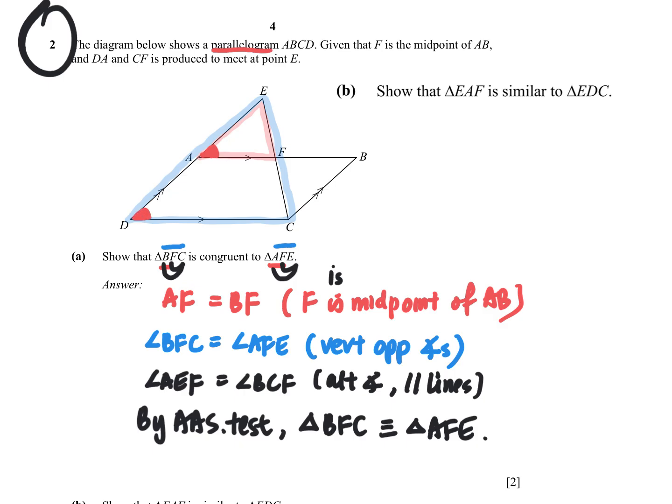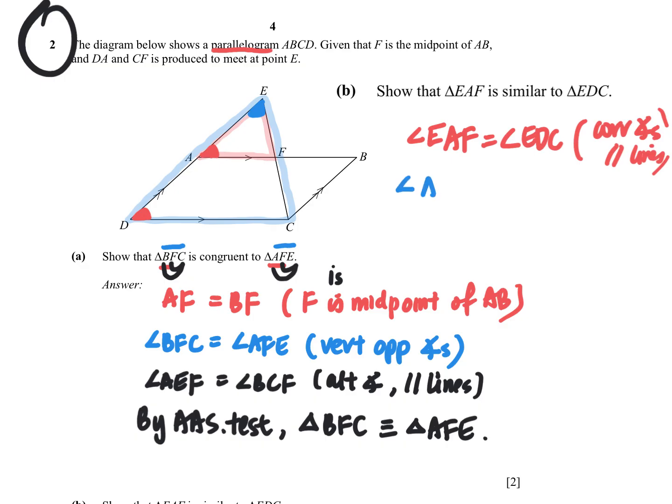So you can write one pair, angle EAF is equal to angle EDC. So this is corresponding angles, parallel lines. Okay, the other one that you can say is they share the common angle E, DEC.